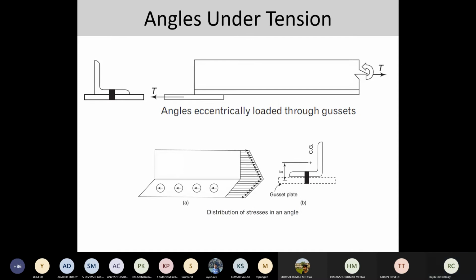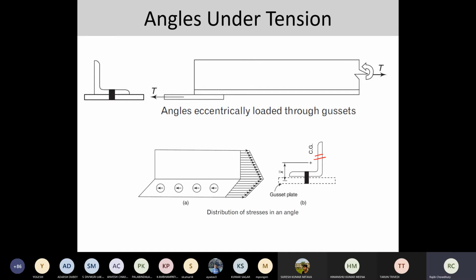When angles are connected to another angle through the centroid, and when the bolt holes are staggered in both planes, certain distances are required.